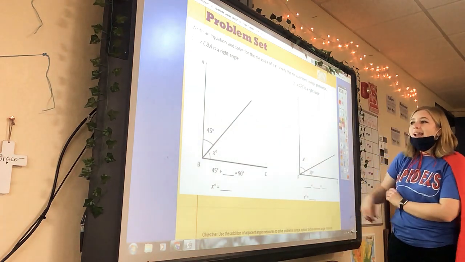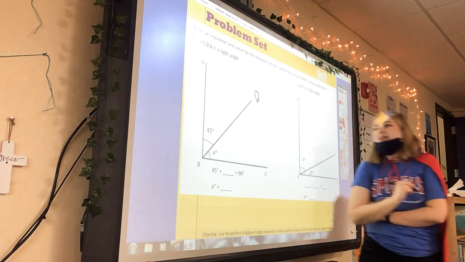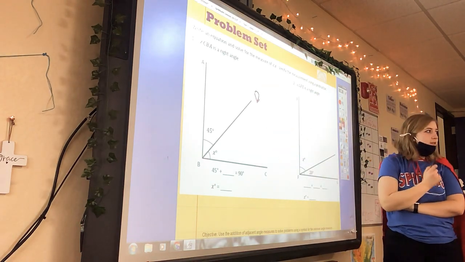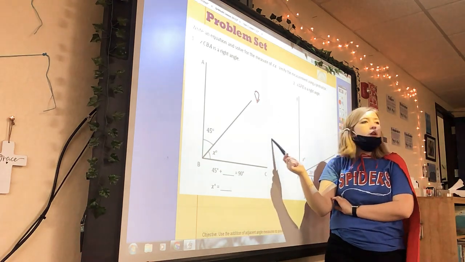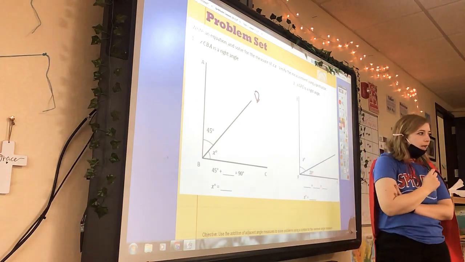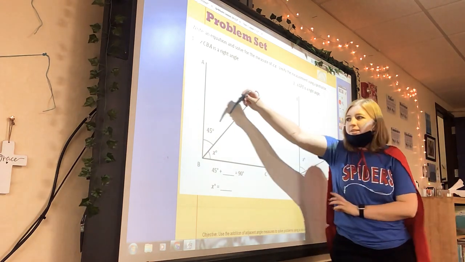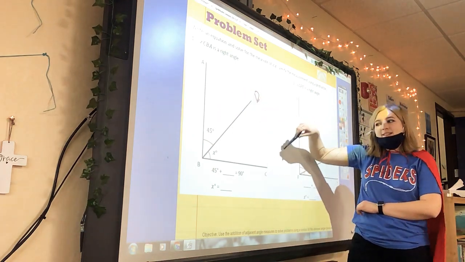So we know that AB, let's make this D, ABD is 45 degrees. So DBC has to equal some odd amount for all of it together to equal 90, because it's a right angle. So this plus this has to equal 90. So 45 plus x has to equal 90.